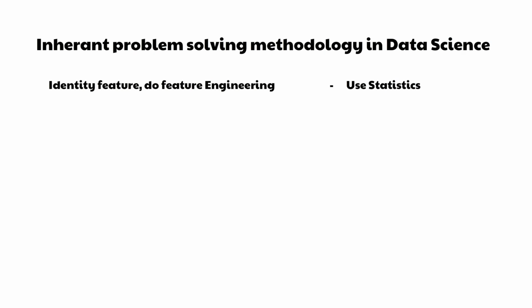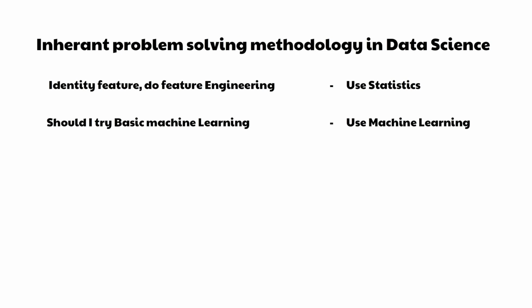It is also really important to note that when we talk about data science solutions to problems, there is an inherent problem solving method. First, we ask ourselves, can I identify features, do feature engineering, and solve this statistically? Number two, in case we have too much data with good quality, can I ask the machine to understand the data better?